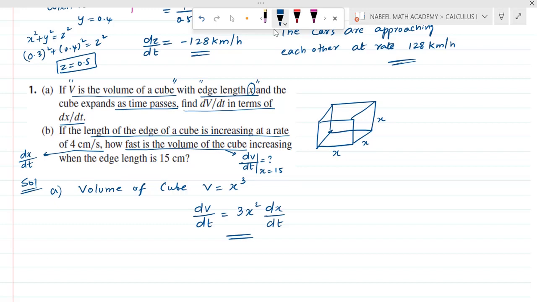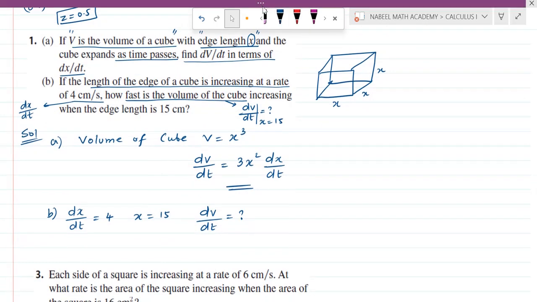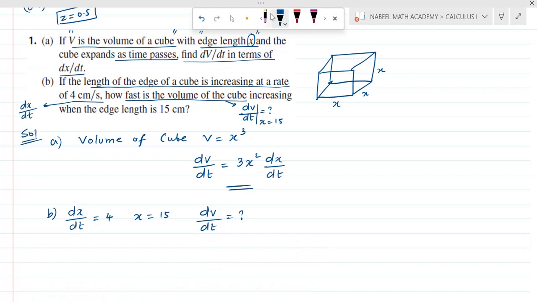Just substitute the values. So here dx over dt is given, which is 4, and x is equal to 15, and you have to find dV over dt. This is my question mark. Just substitute all the values in the equation above. So here you have dV over dt. This is the same thing, I just substitute here in 1.